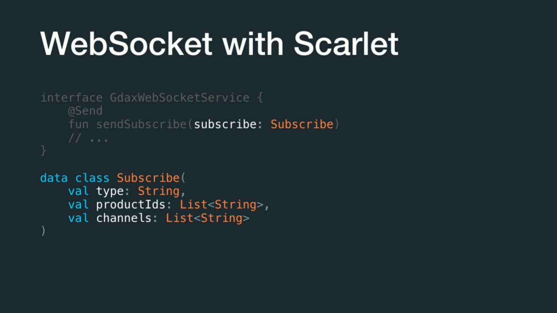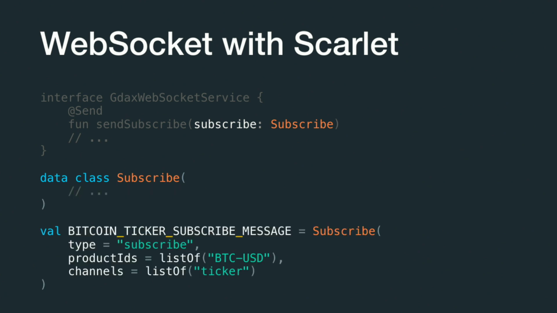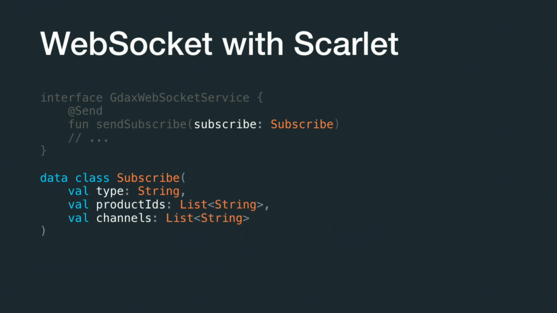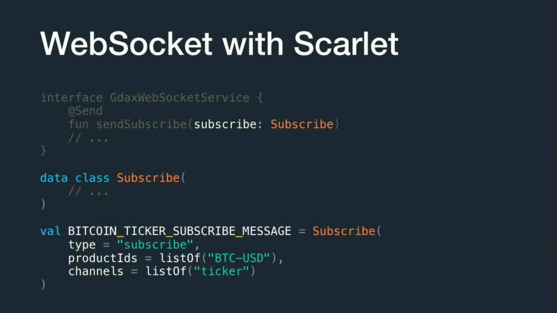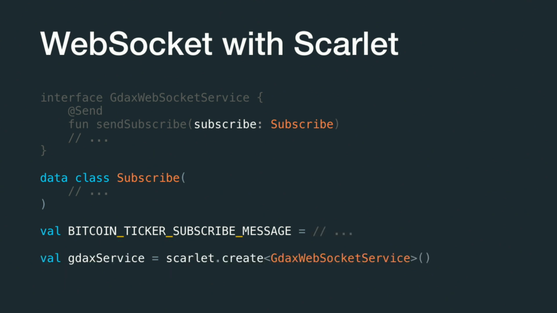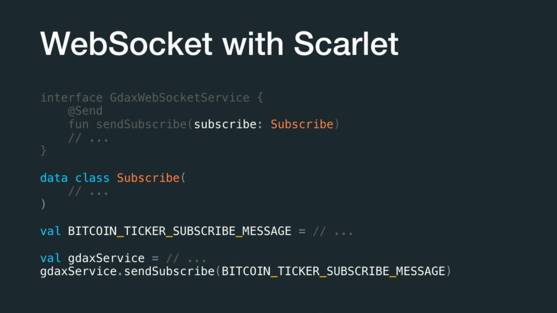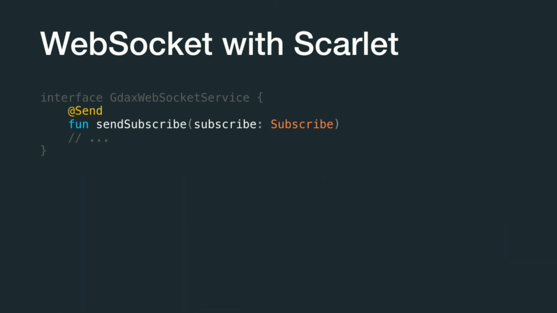And a subscribe message looks like this. It has a type, product IDs, and channels. This is specific to GDAX. Because we're interested in the Bitcoin price, we will send a message like this to the server when the connection is established. After we've created an implementation of this interface, we will use this method to send the subscribe message.